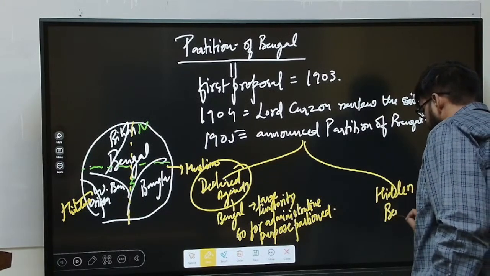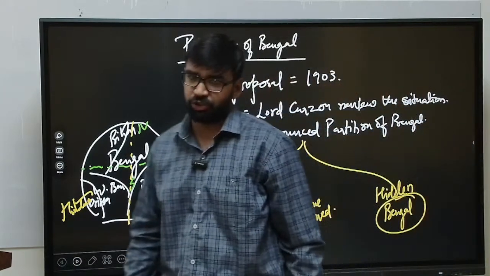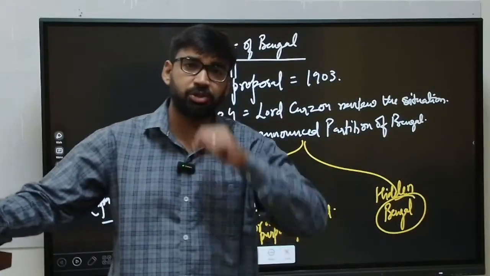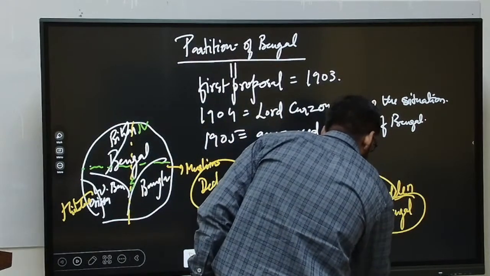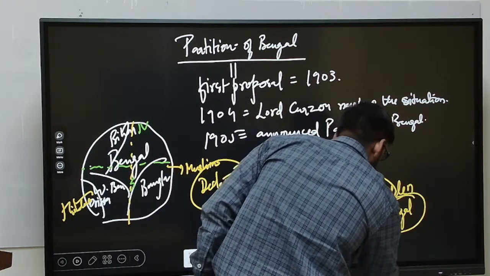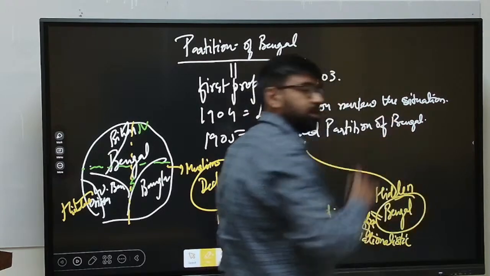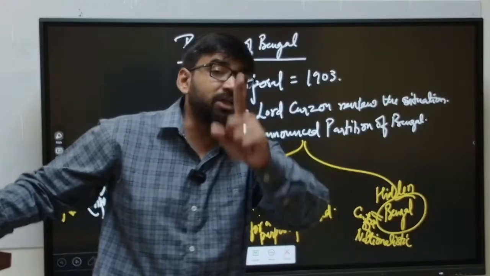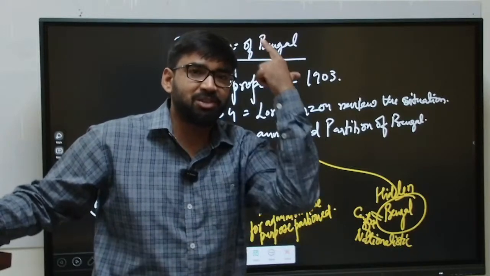See, Bengal was the capital of the British. Bengal was the center of nationalistic activities. And Lord Curzon was sent to curb nationalism. So he made a mistake.